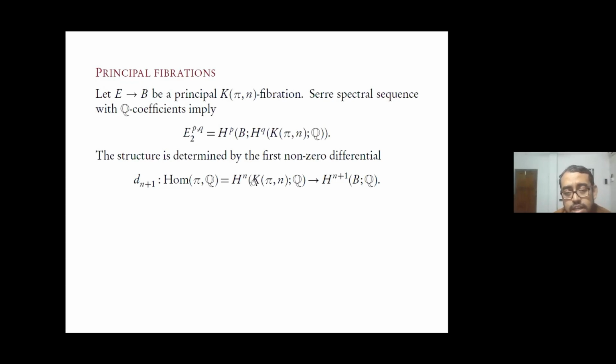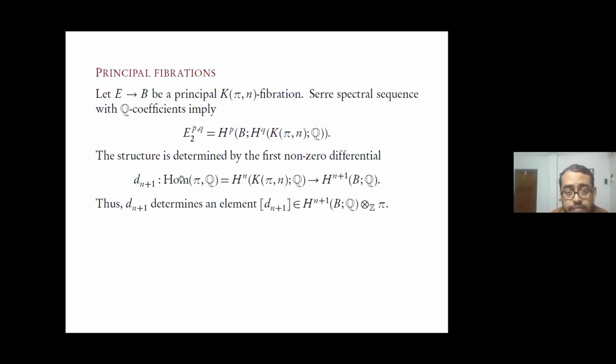Well, you have seen this as part of how singular cohomology can be represented: the nth cohomology of K(pi, n) is nothing but homomorphisms from pi to Q, because this can be represented as homotopy classes of maps from K(pi, n) to K(Q, n). But that itself can be identified with homomorphisms from pi to Q. So effectively this term is nothing but homomorphisms from pi to Q, and this is a differential which is mapping this group of homomorphisms to the (n+1)th cohomology of B.